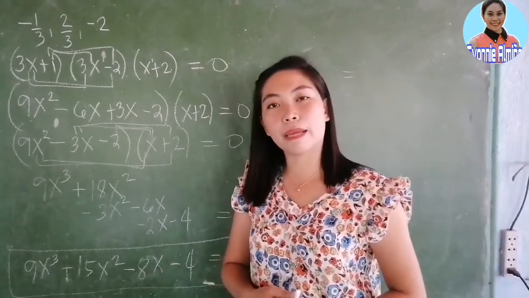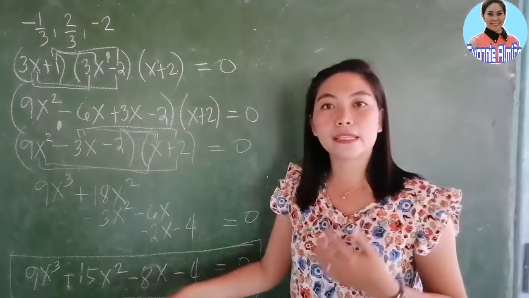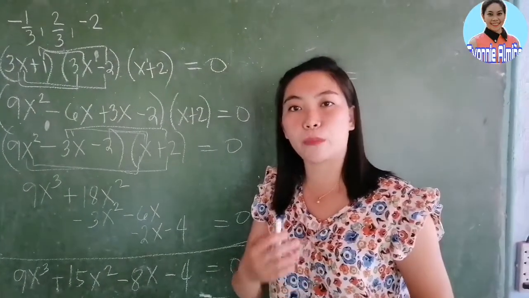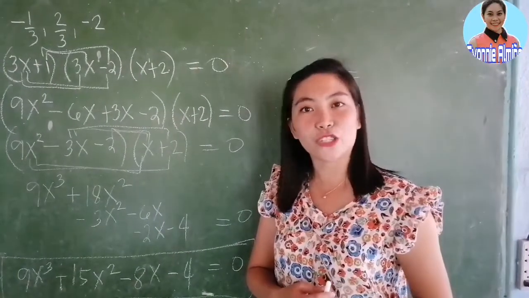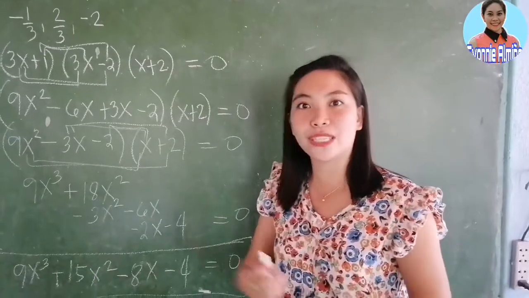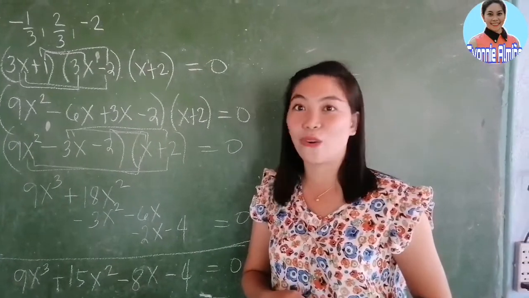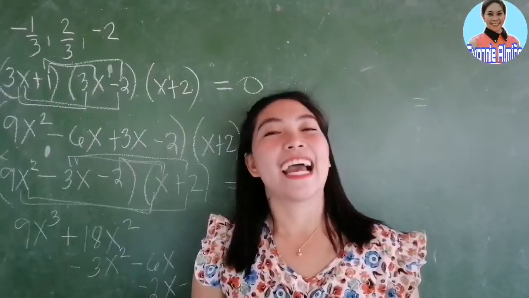Kasi po, kapag hindi mag-jive or magkapareho yung number of roots and the highest degree of exponent of your polynomial equation, then there might be something wrong in your solutions. Kasi po, in mathematics, kapag very obvious, something wrong is going on. So, yan po yung kailangan nyong tandaan.